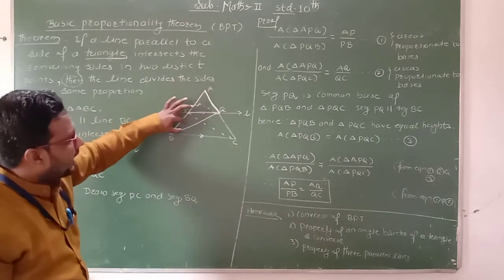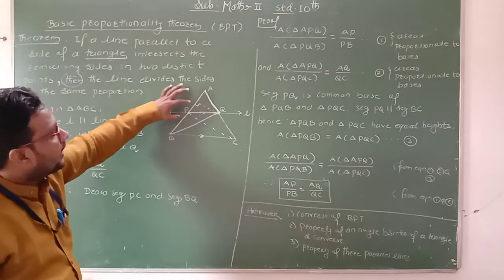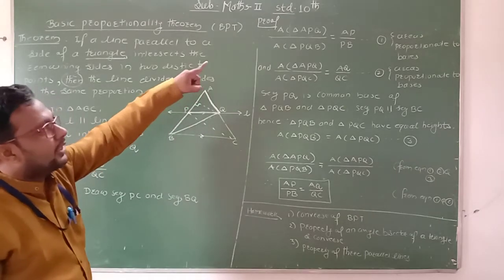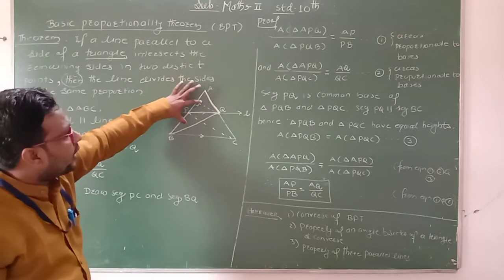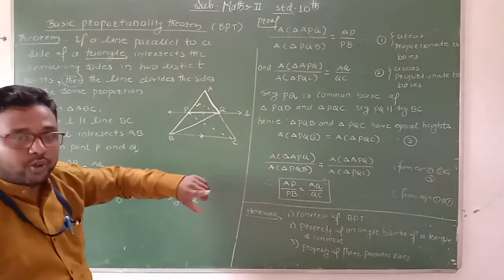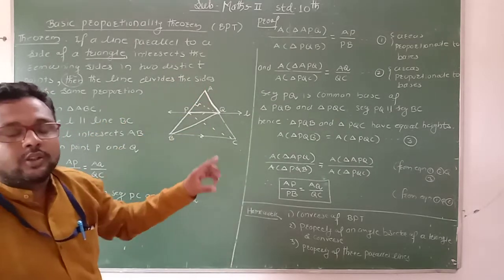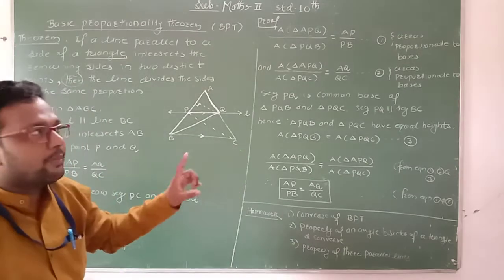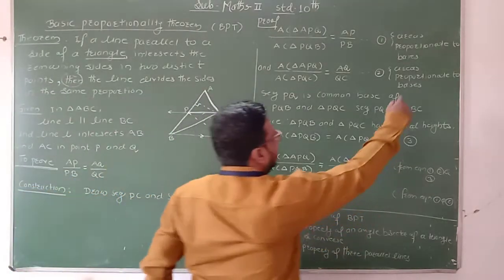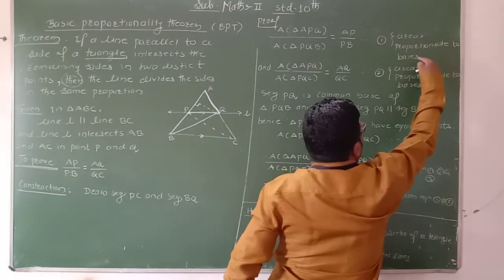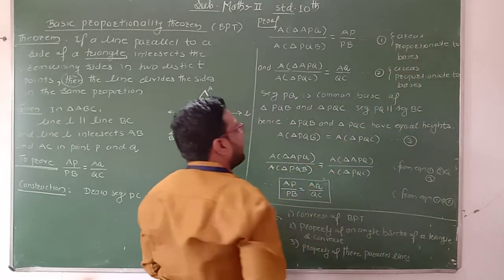Now for these two triangles in the given figure, heights are equal. Therefore, the ratio of areas of these two triangles is equal to the ratio of their corresponding bases. Therefore, here I write: areas are proportional to bases.